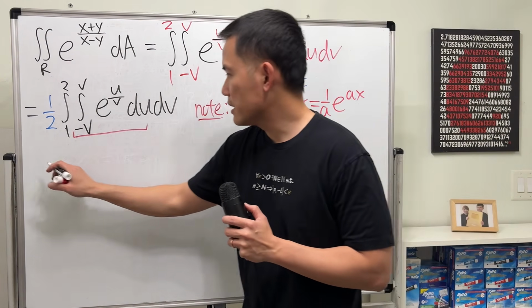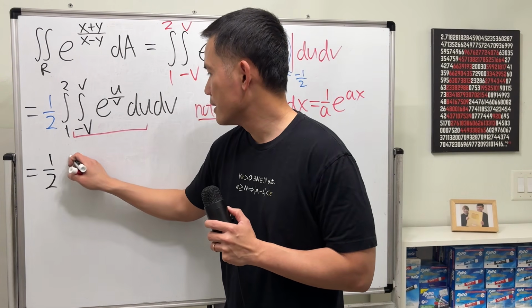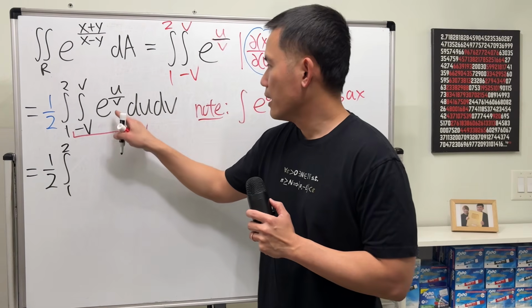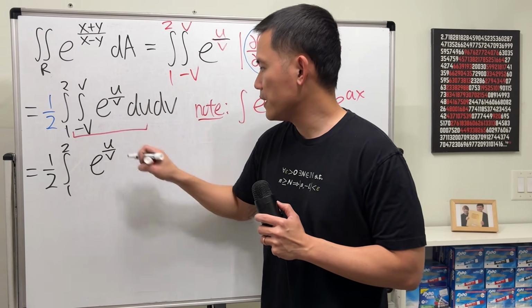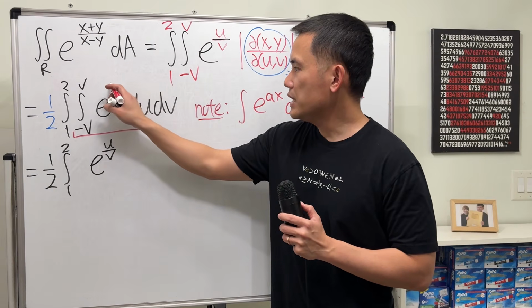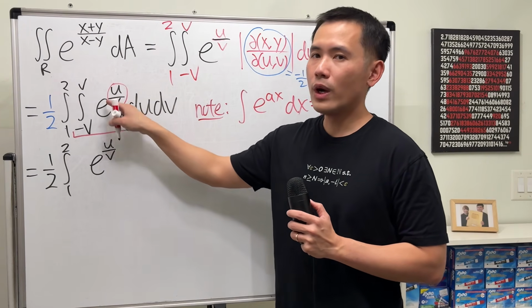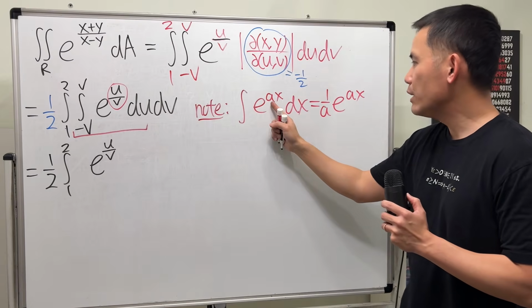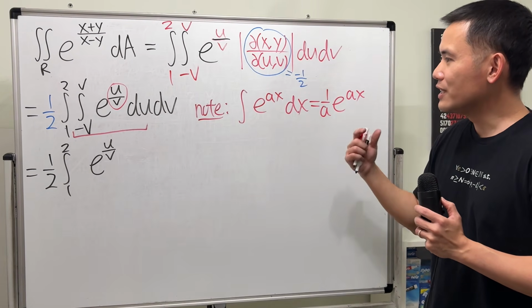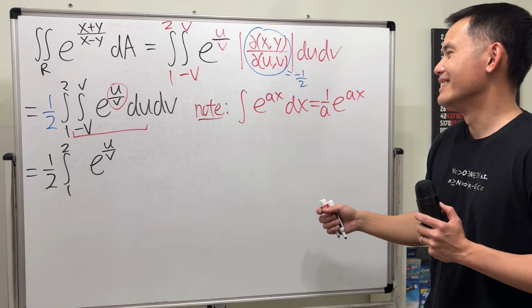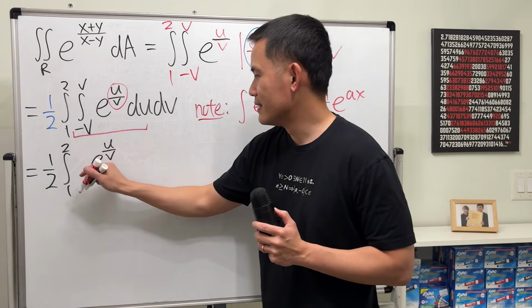So in this case here, we have 1/2 integral 1 to 2. This right here stays e to the u over v, but the derivative right here is 1 over v. That's like the a right here. You have to divide it by 1 over v. It's like you multiply by v here.